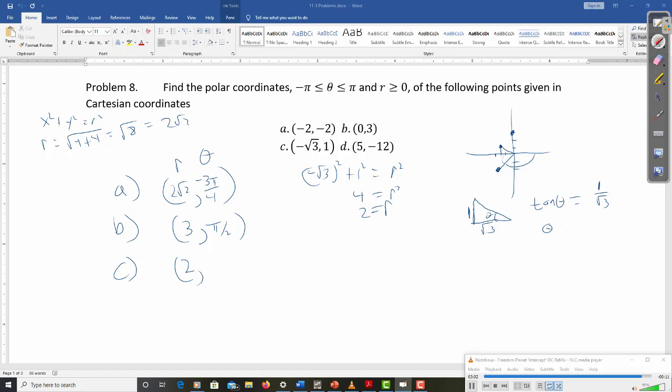So the opposite side is the shortest side, so that's the side opposite pi over 6, the shortest angle. So pi over 6 is the angle. And it's in this quadrant, so it's actually pi minus pi over 6. I should really use a different letter. I'll call it beta. Beta equals pi over 6. So theta would equal pi minus pi over 6, which is 5 pi over 6.